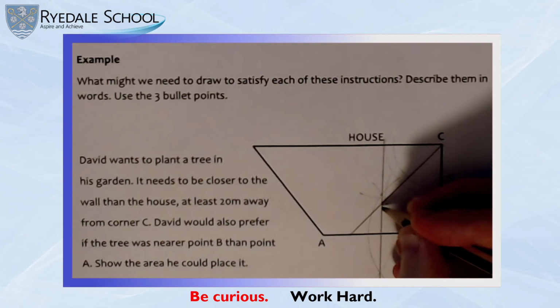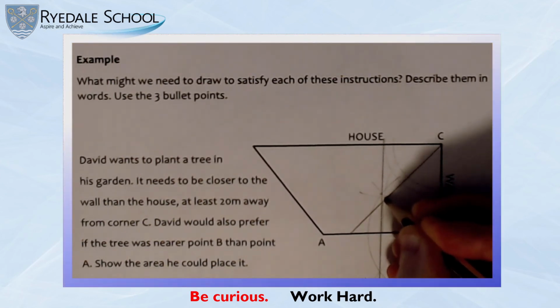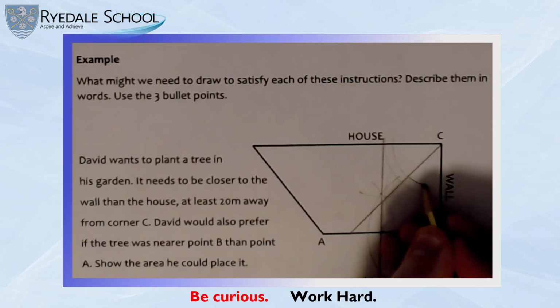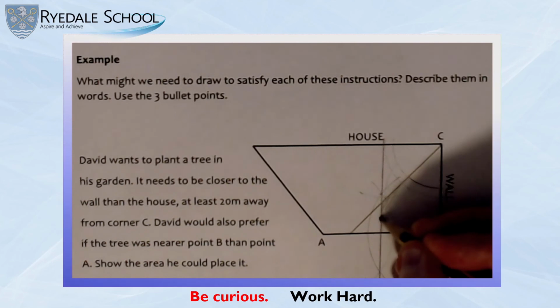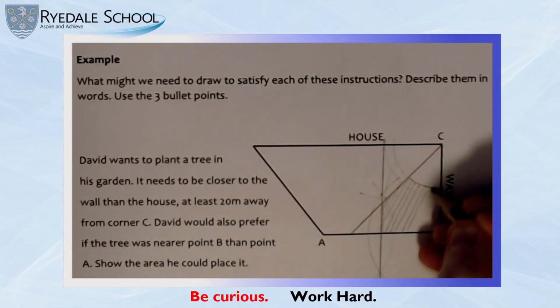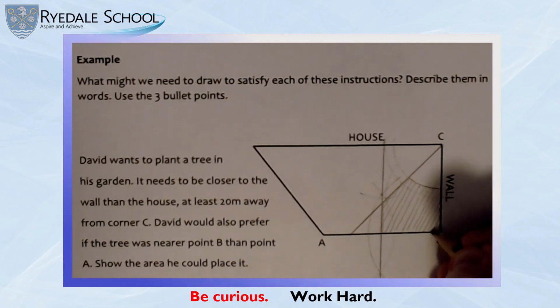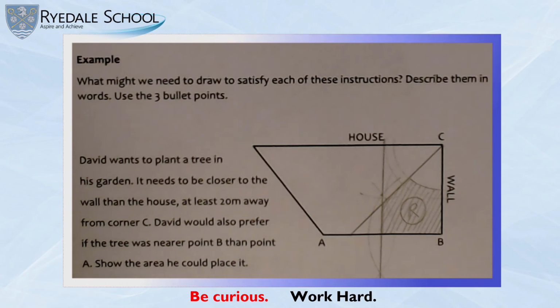So the boundaries are kind of here, along this line here, and along this part of the curve. So where could the tree be? It could be anywhere in this shaded region, which I will call R.